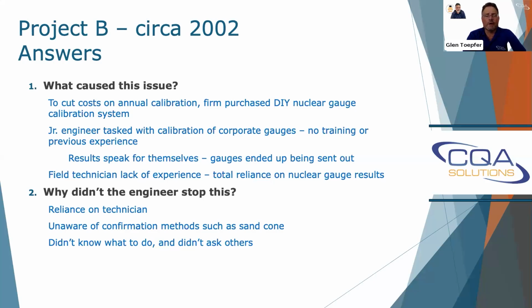Why didn't the engineer stop it? They were getting the paperwork on a daily basis. Our paperwork was required to be turned in. There was total reliance on the technician. The engineer was unaware of other confirmation methods such as the sand cone, and they didn't know what to do. They didn't want to ask others.